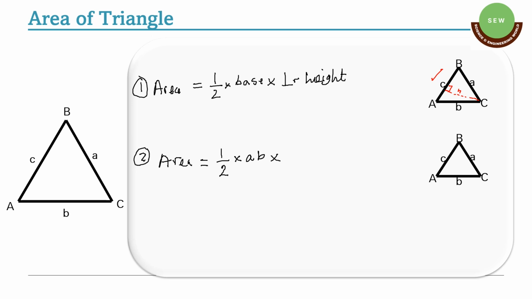So we are talking of A here and B there, and if we know this angle here, let's say this is theta, then that will be sine theta. So in this expression, what is important now is we have two known sides and the angle that is included. So we have half multiplied by the two sides and then multiplied by the sine of the angle included.